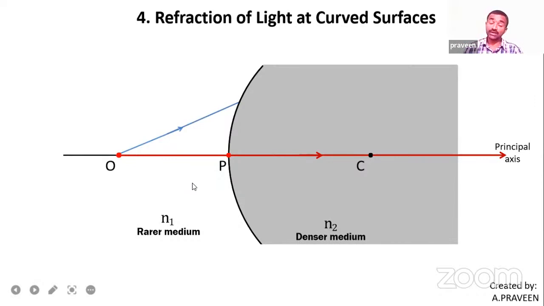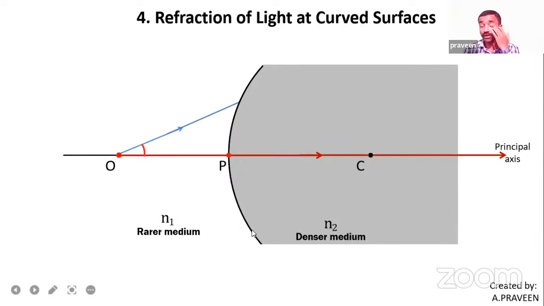Now consider the second light ray, which makes an angle with the principal axis at the point O. Then what happens to that light ray after refraction through the curved surface?